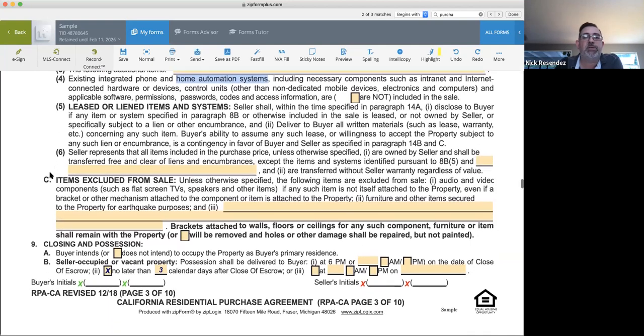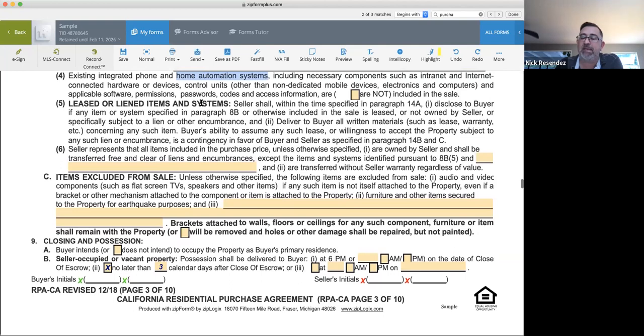The next section goes into leased or liened items. Again, very important, because these items could have financial implications on the buyer on whether they can afford to buy the house or take over some of these items. So when I think of leased or liened items, I'm thinking of things like solar systems. I'm thinking of things like energy efficiency.